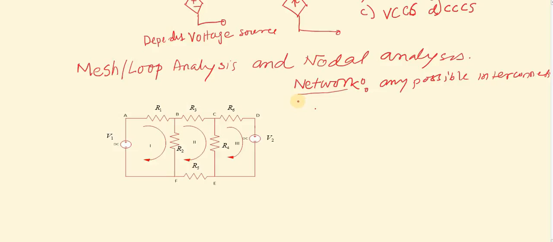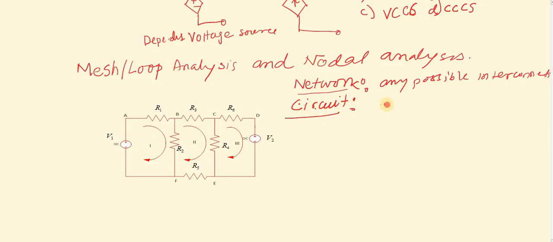Whereas a circuit, what is a circuit? A circuit is a closed path of any possible interconnection of circuit elements. So what is basically the difference between circuit and network? In a network, all possible connections count, but not in the case of a circuit.